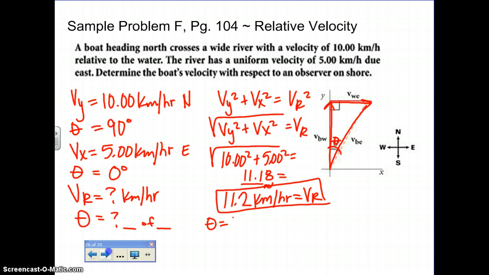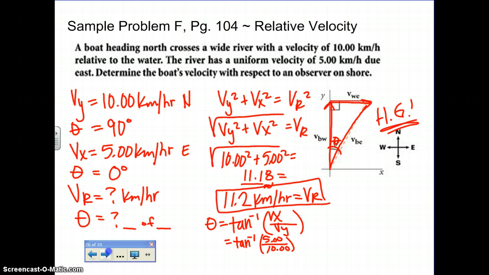Okay, now theta. Theta is the inverse tan of opposite over adjacent. Guys, what type of triangle did you draw here? This is an example of an hourglass triangle. Okay? So that would mean that you want your x, v sub x, over your v sub y. So that would be the inverse tan of 5.00 divided by 10.00.